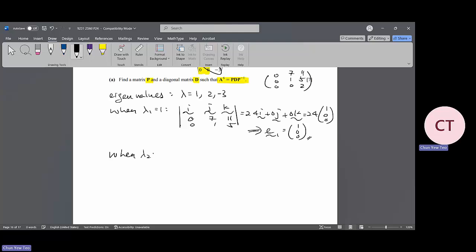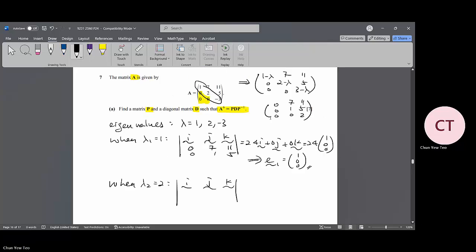Now for eigenvalue number 2, which is 2. Again, we have to choose two suitable vectors to do the cross product. So this time when you put 2 inside, this will become a negative 1, this one will become a 1, and this one will become a 0. So we choose the first two: negative 1, 7, 11, and 0, 0, 5.